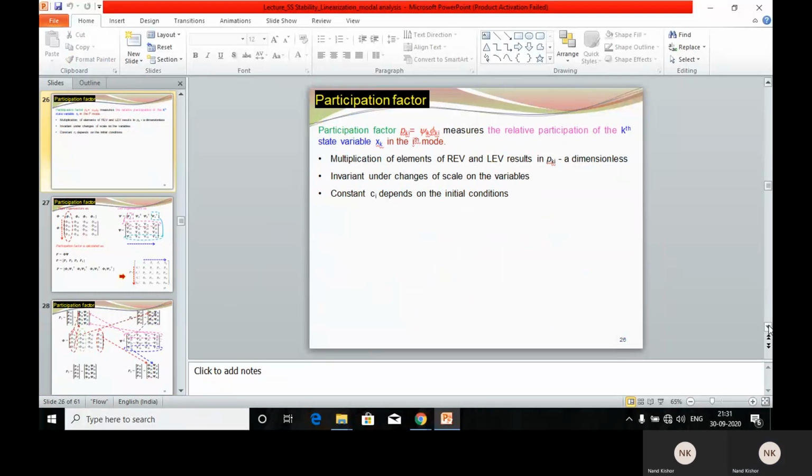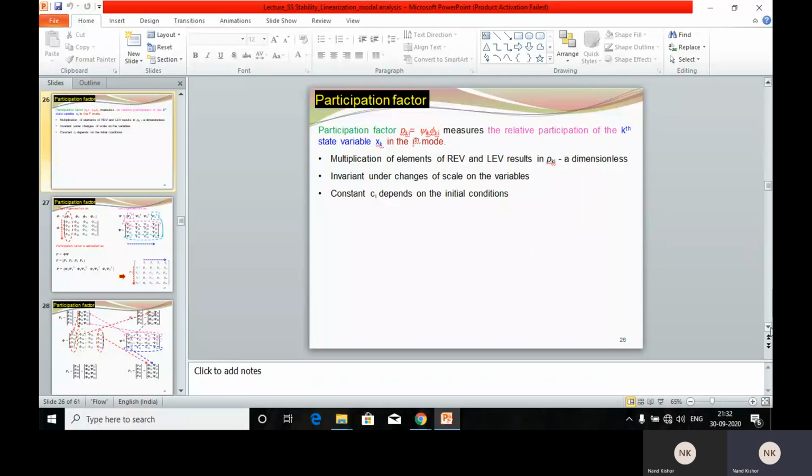So in fact, the participation factor we obtain by the multiplication of the right eigenvector and the left eigenvector, and thus it measures the relative participation of the states to the particular mode, the ith mode here. And the multiplication of the two vectors, right and left, gives you a dimensionless value.